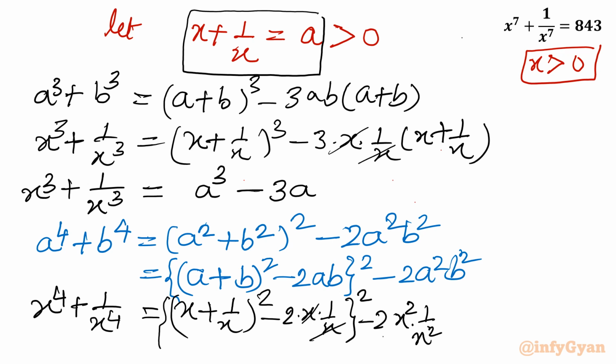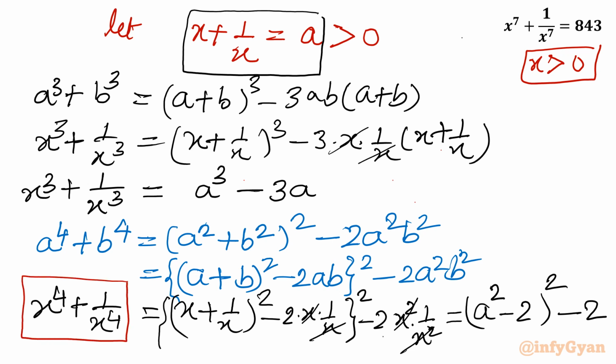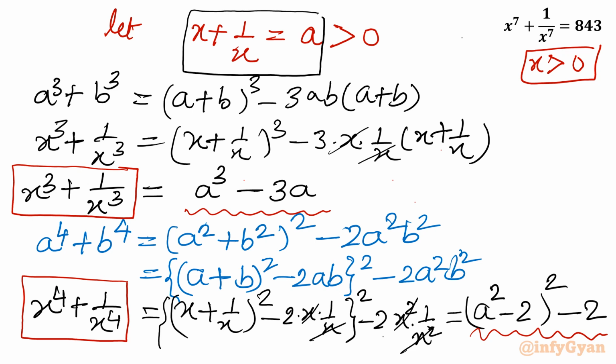See, these two will be over, these two will be over. What is left? X plus 1 over x, a. So I will write a square minus 2 whole square minus 2. So these two important conclusions we have concluded. X power 4 plus 1 over x power 4 and second one x cube plus 1 over x cube. Let's use these results for the calculation of our required expression.